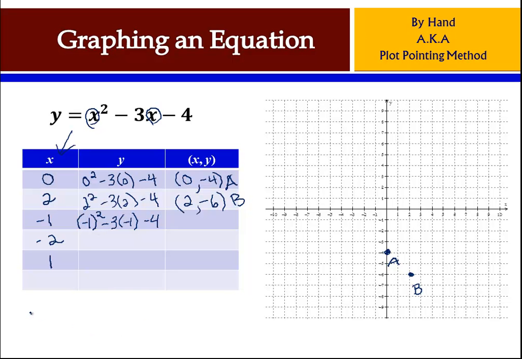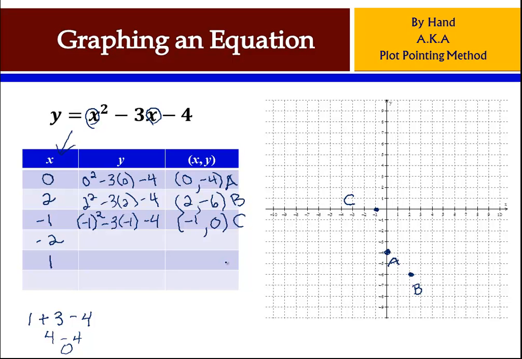I'm just going to write it down here at the bottom. I'm going to get a +3 because a negative times a negative is a positive, and then a subtract 4. Left to right, 4 minus 4 would give me 0. So if x is -1, y is going to be 0, and that's our point C. -1, 0 for our point C.